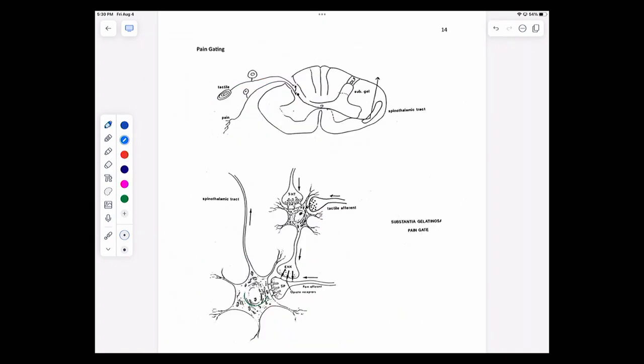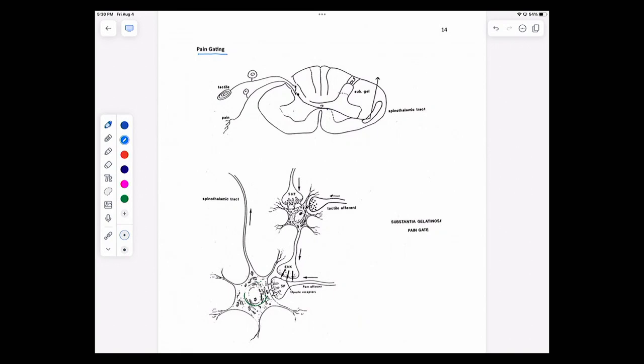So I want to finish up the sensory section looking at a phenomenon called pain gating. Pain gating is your nervous system's way of reducing the amount of pain in response to a pain signal.